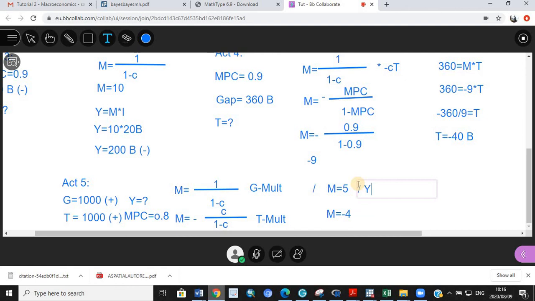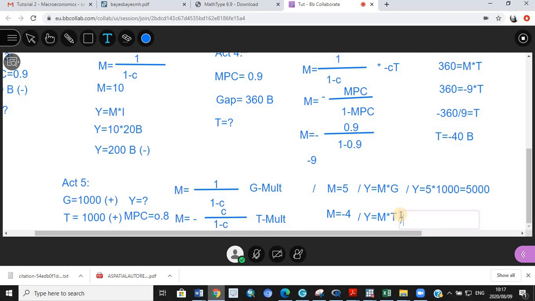Now let's go to the change in y. It's going to be equal to m times the change in g. And again here we will have the change in y equals m times the change in t. This is the tax, right? So in this case, y equals 5 times 1000, which is 5000, right?